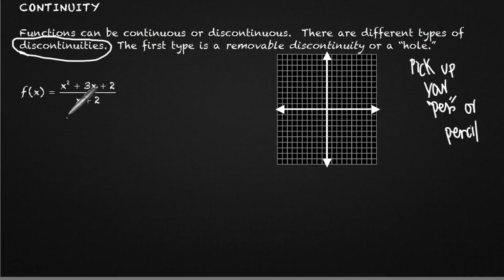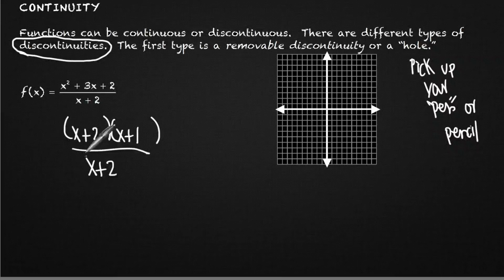So we're going to factor the top and bottom into x plus 2, x plus 1, and then x plus 2. Okay, so we can see here that we have a common factor on the top and bottom. That's going to cancel.